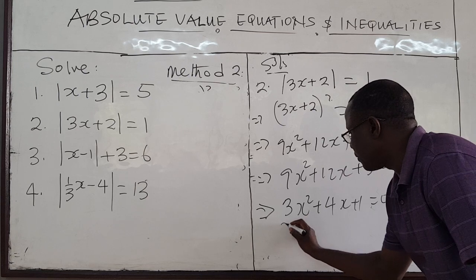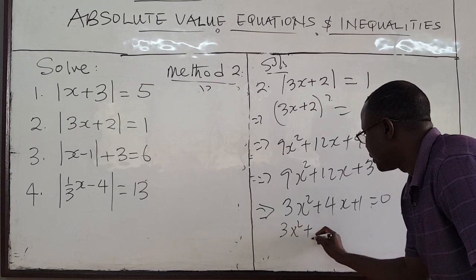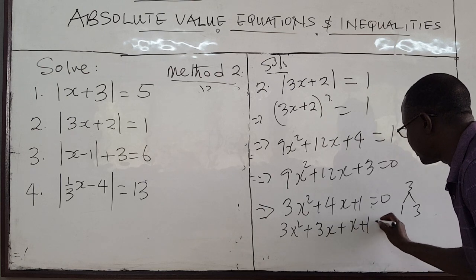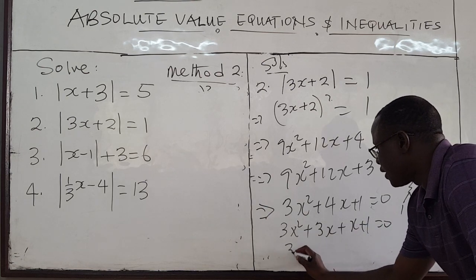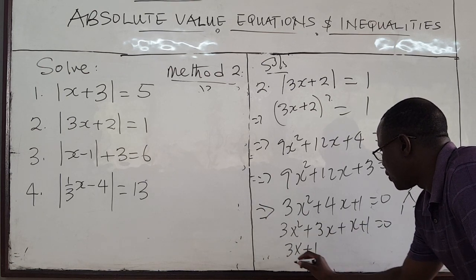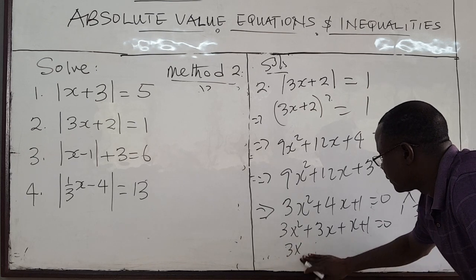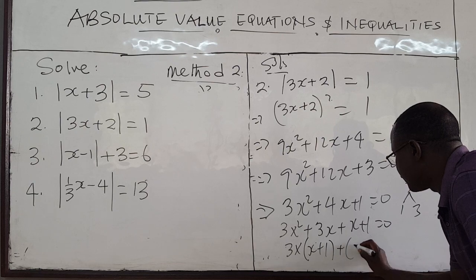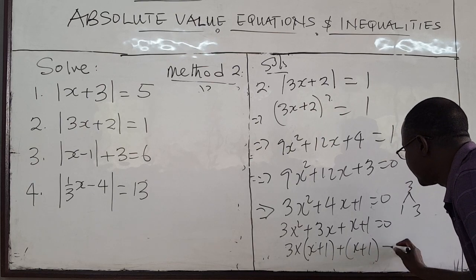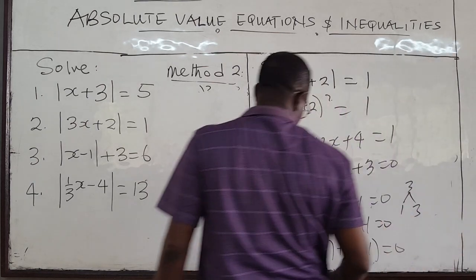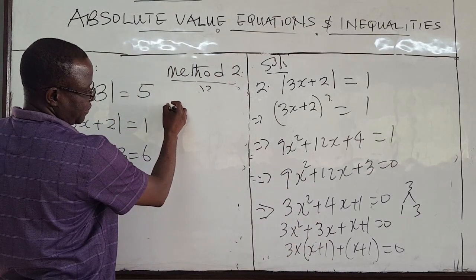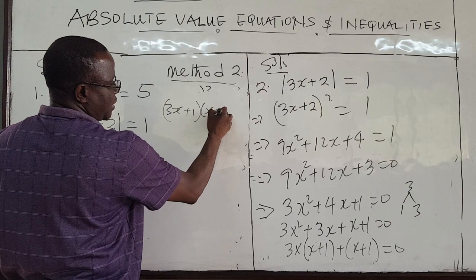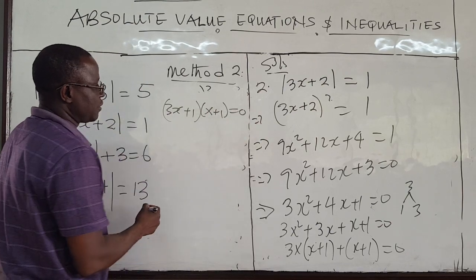So this can be written as 3x² + 3x + x + 1 = 0. Then we can factorize: (3x + 1)(x + 1) = 0.